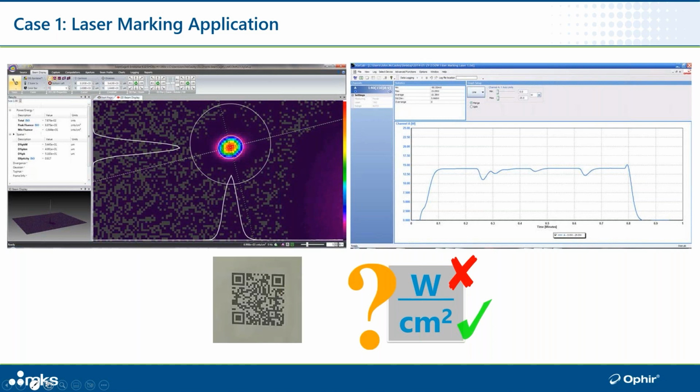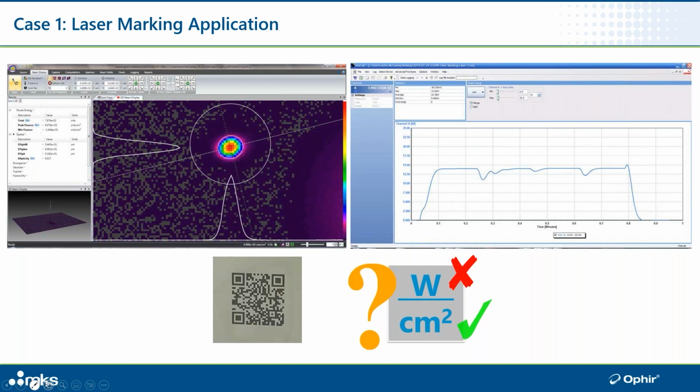So say, for instance, you're marking this QR code, and you really do need to have, number one, a consistent beam profile, consistent beam shape. If you have inconsistent beam shapes, you're going to have different sized cells, which could throw off the readability of this QR code.